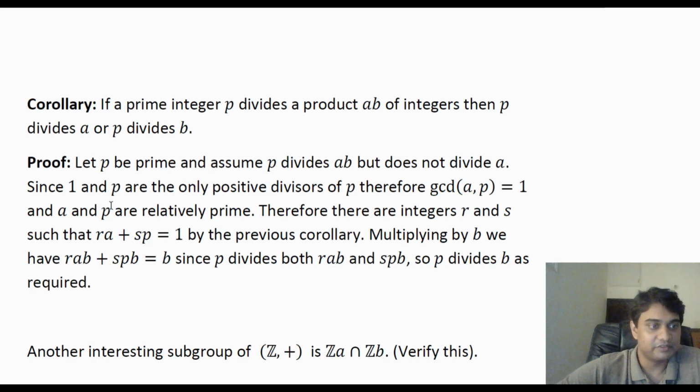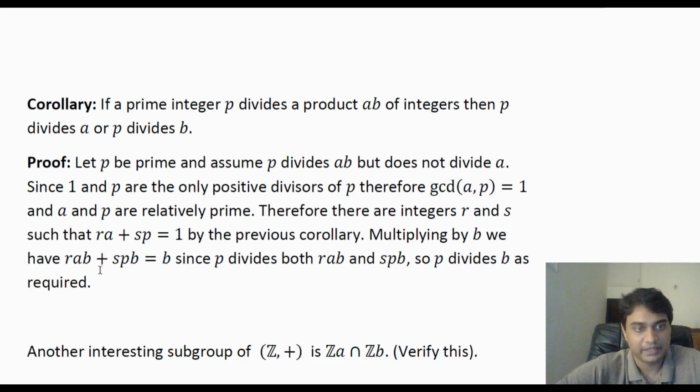So the common divisors of a and p can include 1 and p only. Since p does not divide a, by the assumption, p is not a common divisor. So 1 is the only common divisor, the greatest common divisor of a and p is 1, which shows that a and p are relatively prime.